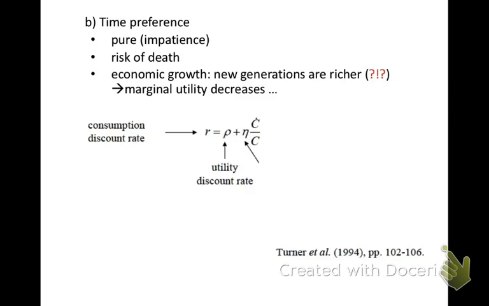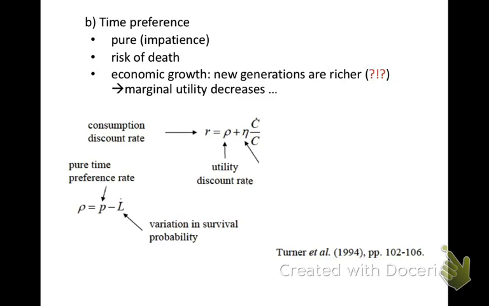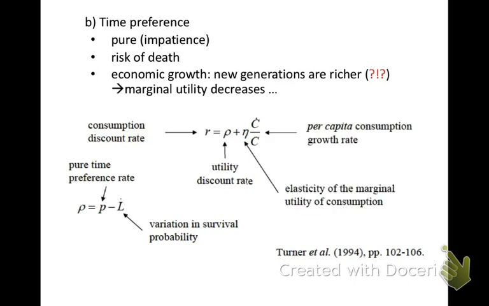There is a utility discount rate, individual, which is based on pure time preference, impatience. Usually we are impatient as private individuals. And then we have a survival probability. At the same time, we have the elasticity of marginal utility of consumption, multiplied by the per capita consumption growth rate.